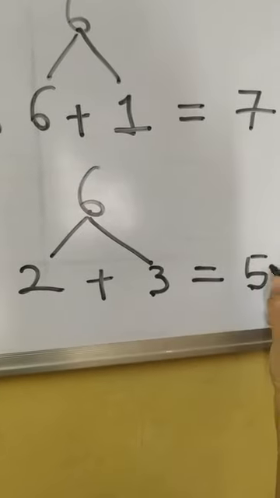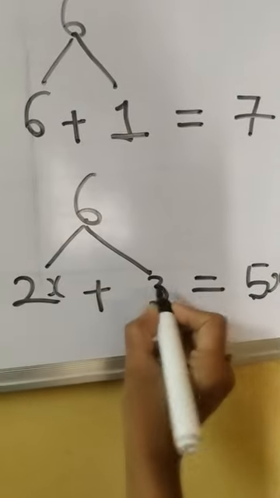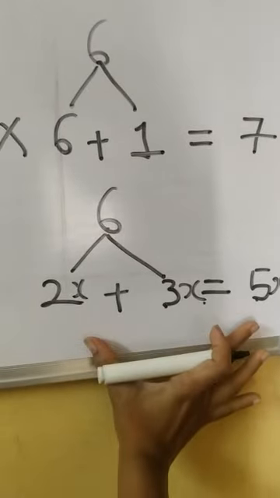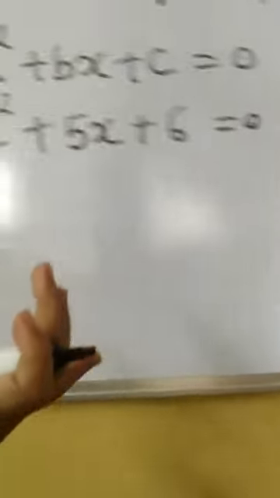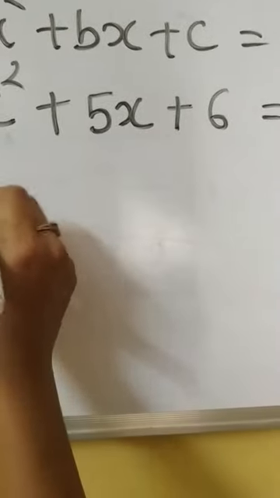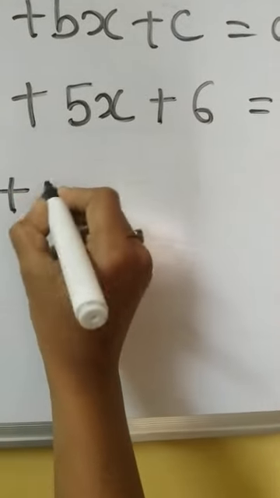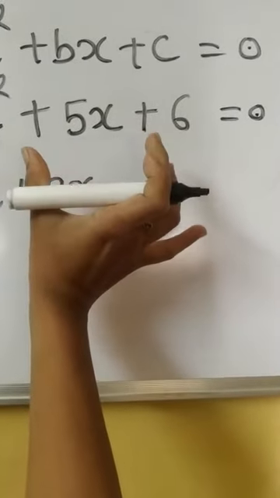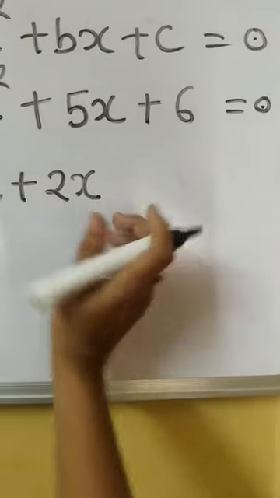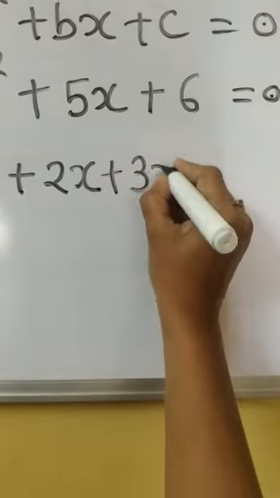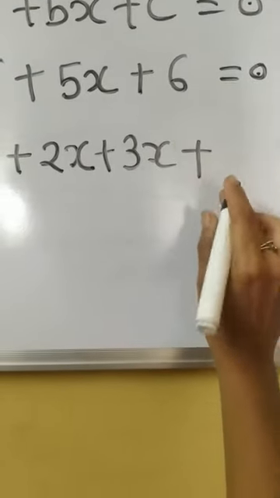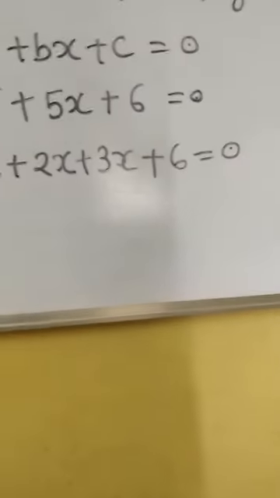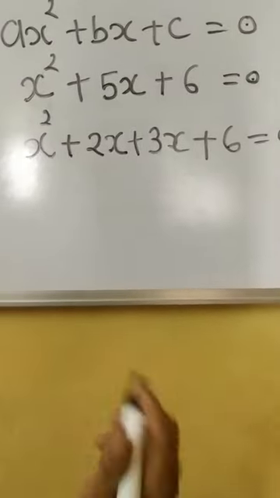So we got our factors as 2x and 3x, and this is called as splitting the middle term. Now on the place of this 5x we have to substitute the splitted term of 5x which is 2x and 3x, and the last term will remain same as it is, and we are keeping and comparing it with 0.